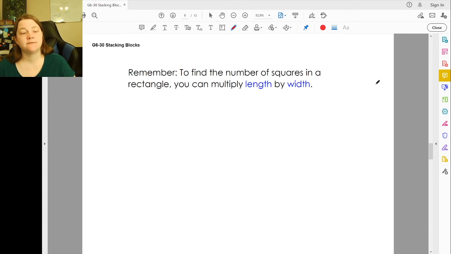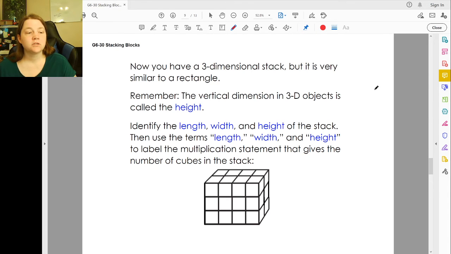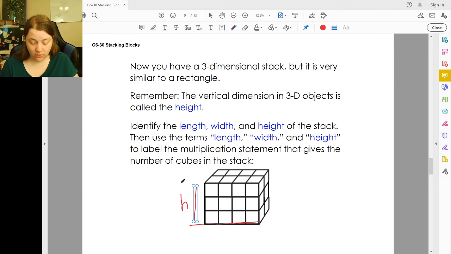So remember that to find the number of squares in a rectangle, you can multiply the length times the width. So now we have a 3D stack. It's very similar to a rectangle. The vertical dimension in 3D objects is called height. It's how tall the object is from the floor all the way to the top of the layer.